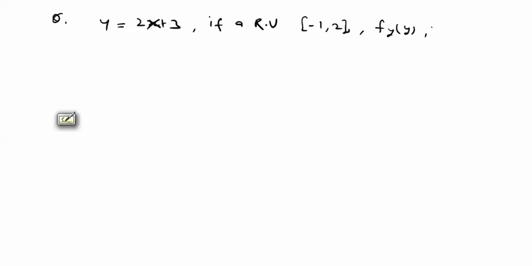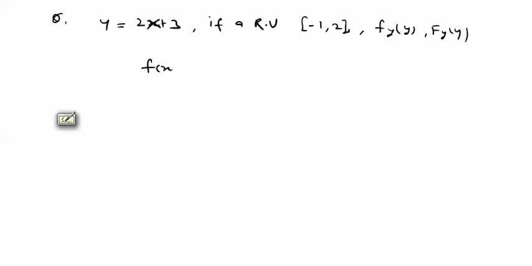I take a simple question. Y equals 2X plus 3, where X is a random variable uniformly distributed from -1 to 2. We want to calculate f_Y(y) with the formulas.